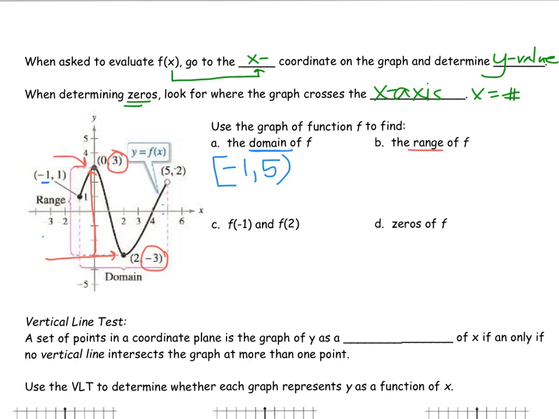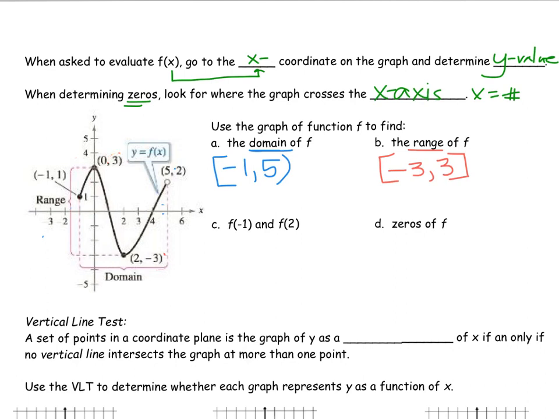And again, that's a closed dot. If we state our range from least to greatest, it would go from -3 on the y-axis up to +3. It can equal -3, that gets a bracket. It can also equal +3 towards the top. That one also gets a bracket. So once you figure out your domain and your range, we can now do some evaluating.